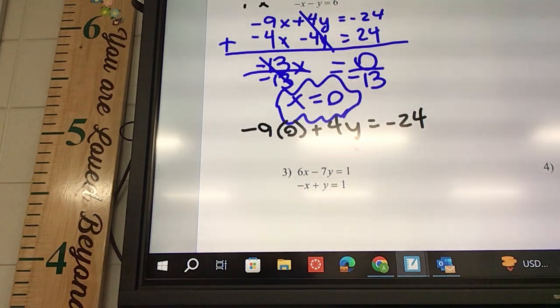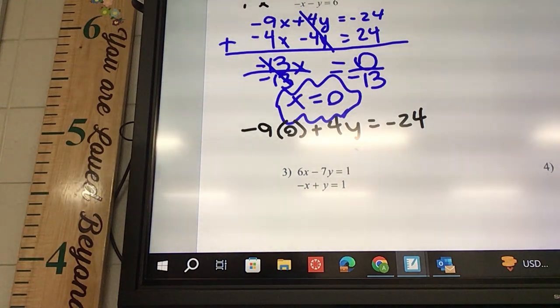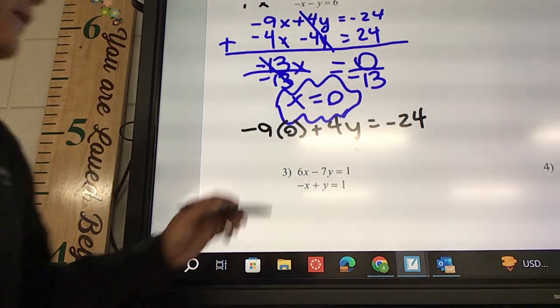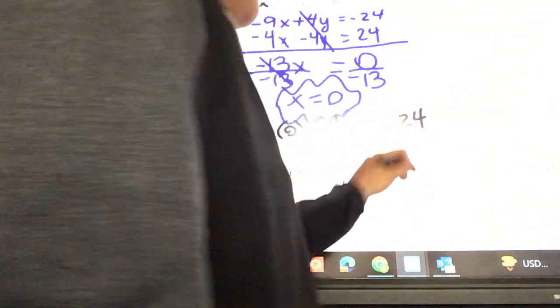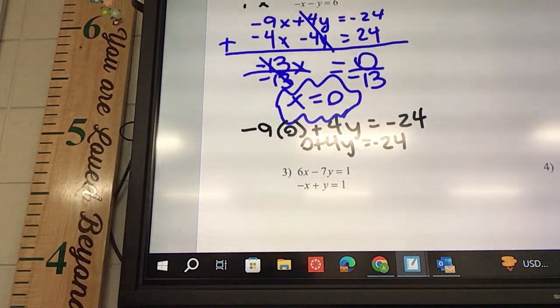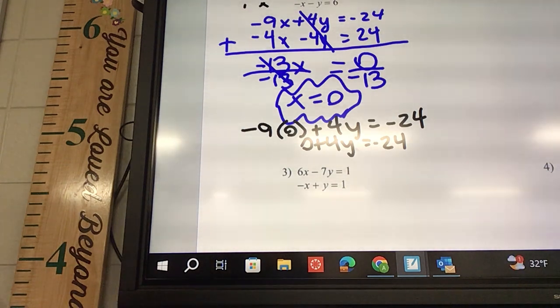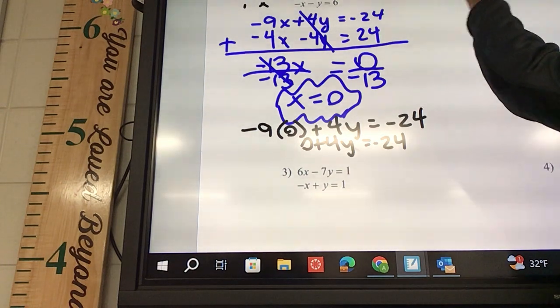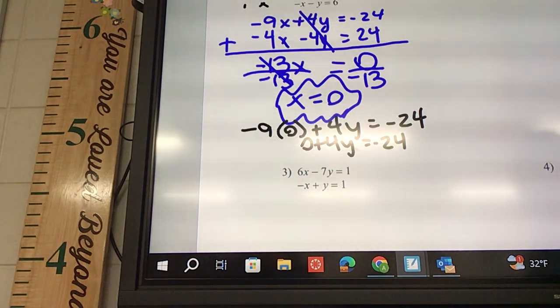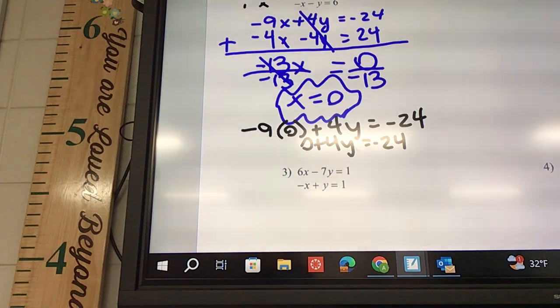Okay, what is negative 9 times 0? 0. Okay, so I'm going to get 0 plus 4y equals negative 24. Okay, and then what needs done? I'm going to write this over here because I'm running out of room. Then what needs to move first?